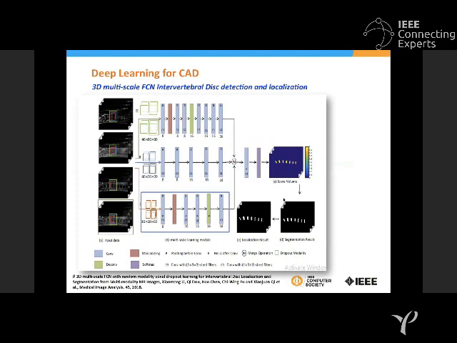If you look at this network structure, each pathway takes all these four inputs, which are different modalities: one is T1, one is T2, one is T3, and one is, I think, the water absorption image.